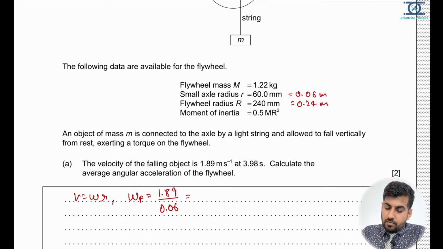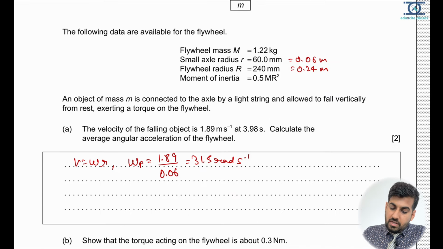Once you calculate this, I have already done the calculation, it will come out to be 31.5 radian per second. Now once we know omega f, to find angular acceleration we can use the equation of rotational mechanics: omega final is equal to omega initial plus alpha times t.